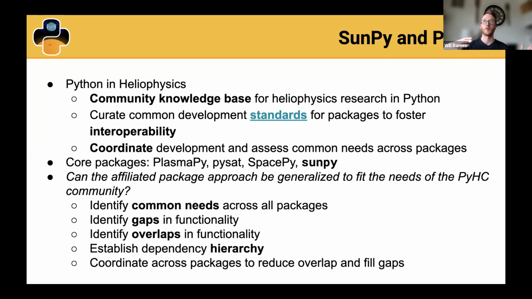And by hierarchy, I don't mean which one is better, which one is lesser. That's not what I mean at all. But just in terms of core dependencies, which packages provide more lower level functionality, which ones provide higher level functionality, and is there room for things to depend on each other whereas they might not right now.